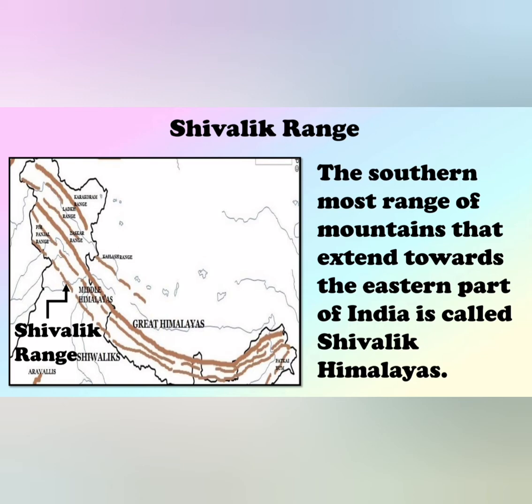The southernmost range of mountains that extend towards the eastern part of India is called Shivalik Himalayas. Children, I hope these were clear to you and you have to practice marking these 3 ranges in the map. So please practice them.